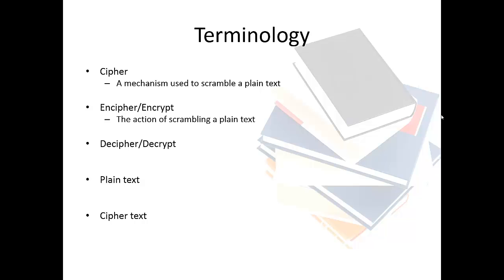The opposite of encrypting and enciphering is deciphering and decrypting. Transforming the ciphertext, in this case the scrambled text, back into its original plain text form is called deciphering or decrypting.